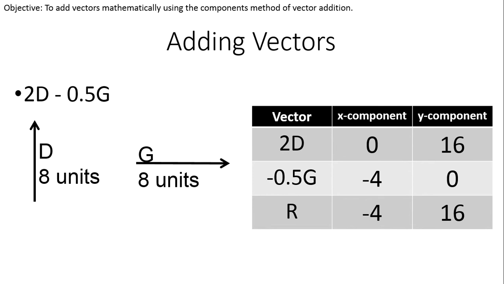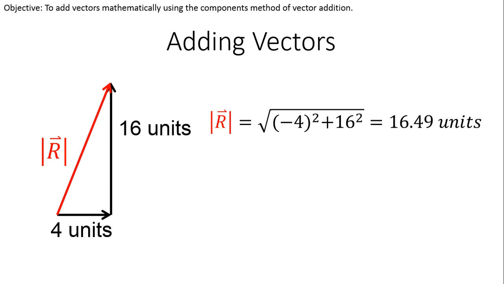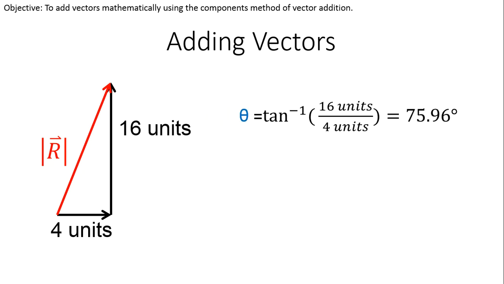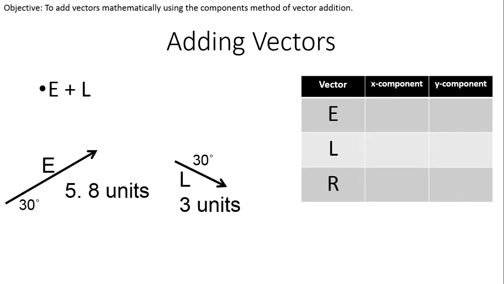Okay, there you go. You get a negative 4 and 16. Adding the 2 vectors together and using the Pythagorean theorem gives us a magnitude of 16.49 units. And then finally, using the inverse tangent is going to give us our answer of 75.96 degrees. Next example.